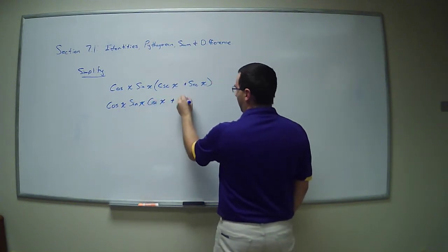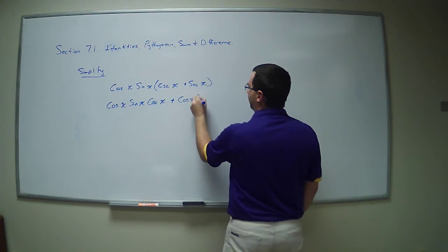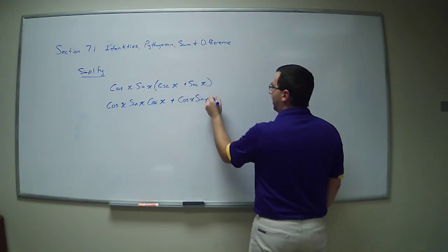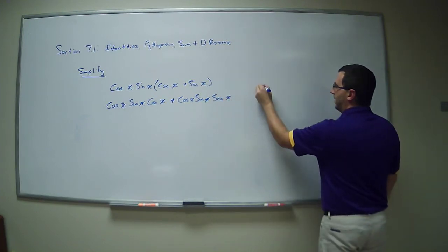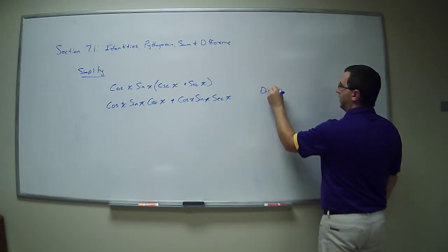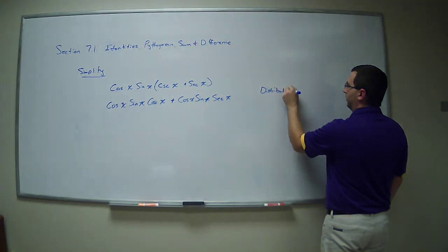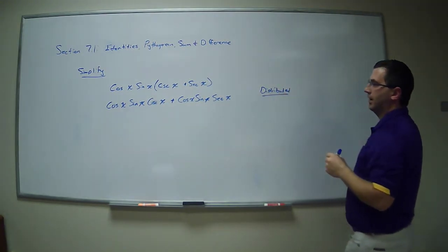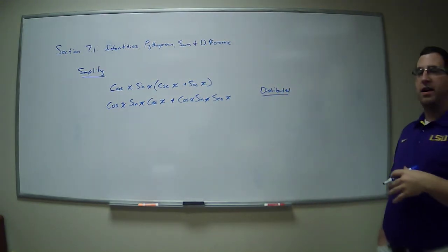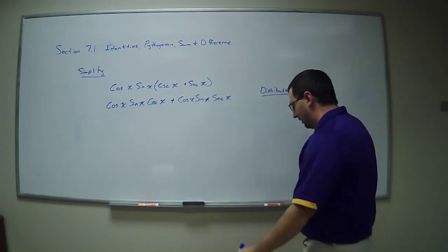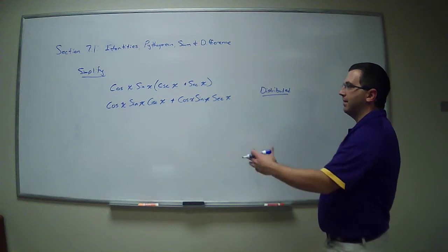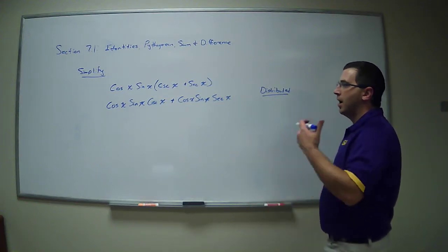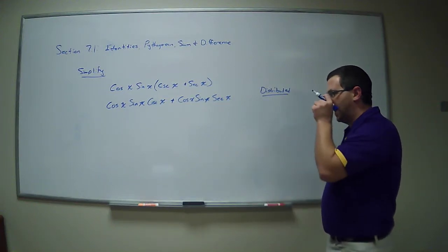Plus cosine x times sine x times secant of x. Okay? Here we distribute it. Alright. Now, where in the world can we go from here? Well, darn. Can't really simplify it. They're not like terms.